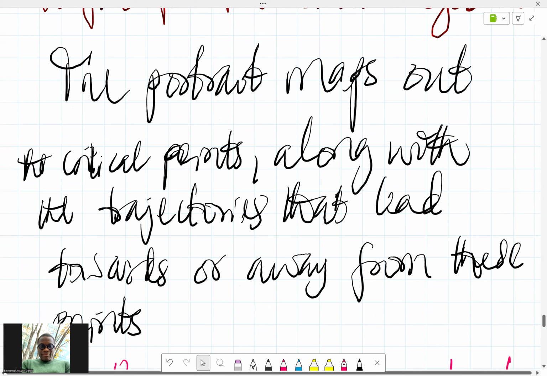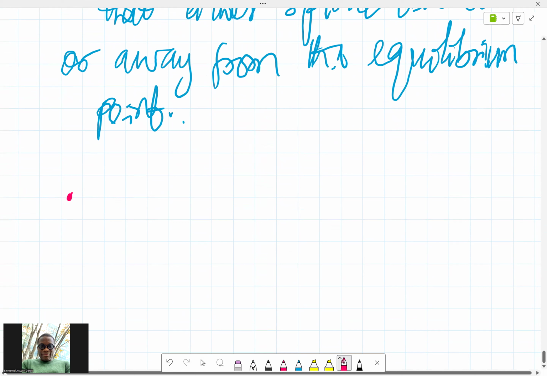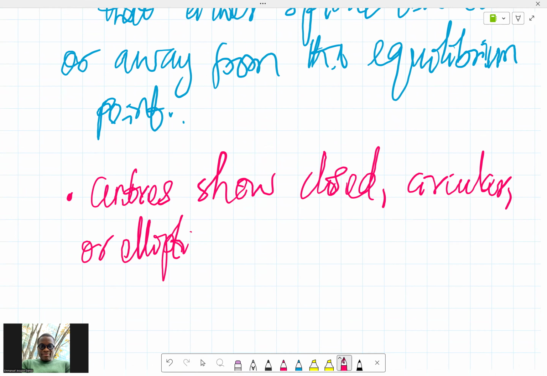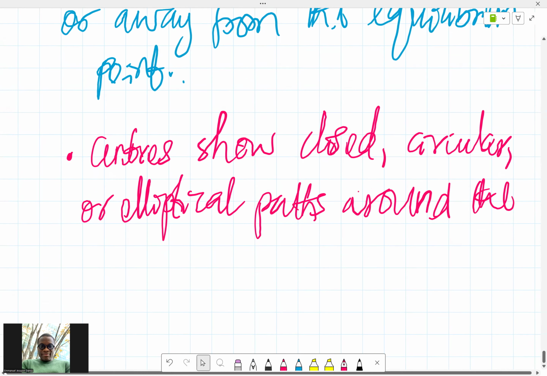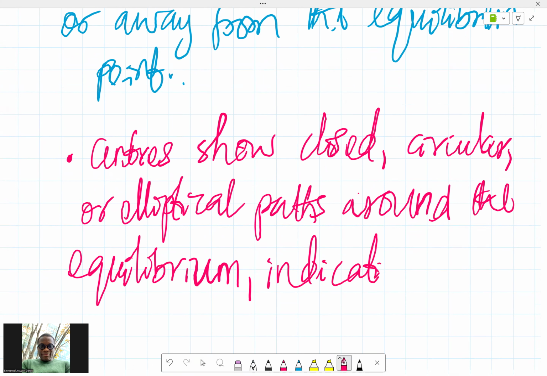And lastly, we have centers. Centers just form an orbit, okay? Centers show closed circular or elliptical paths around the equilibrium, indicating oscillatory motion.